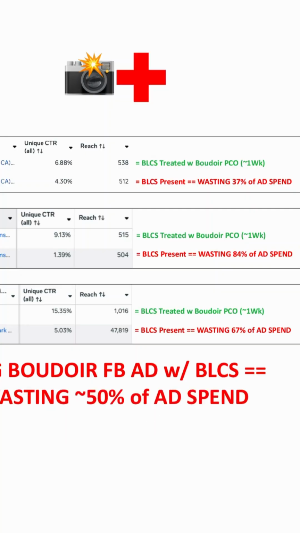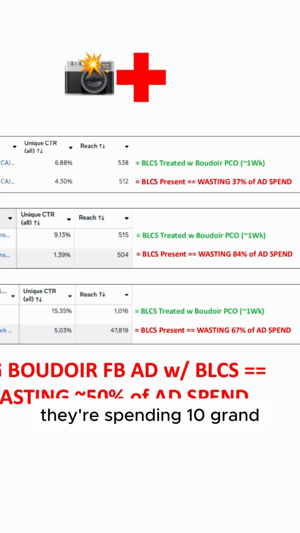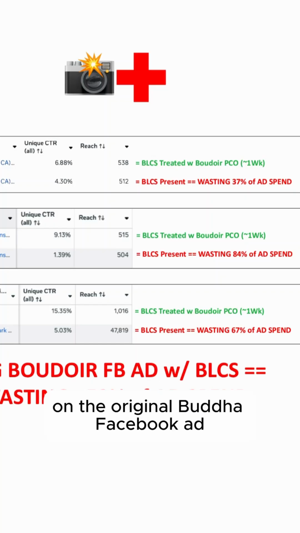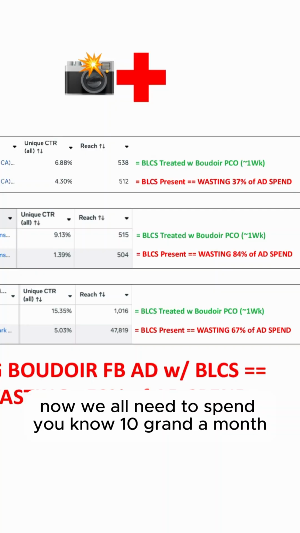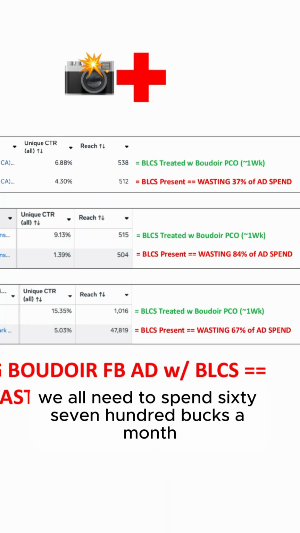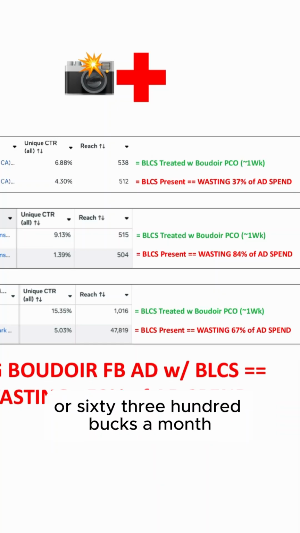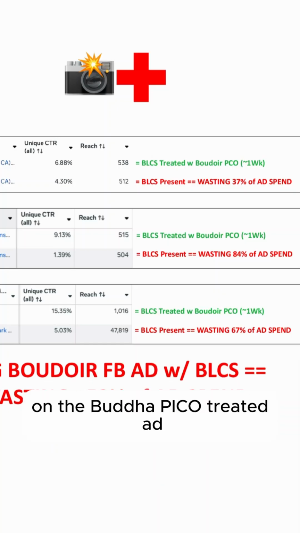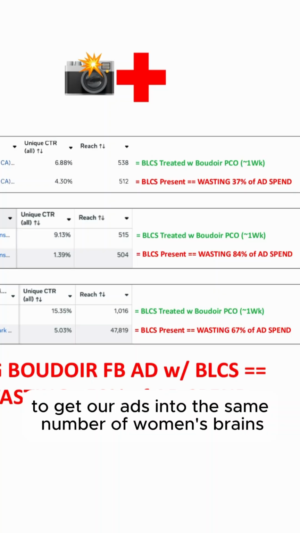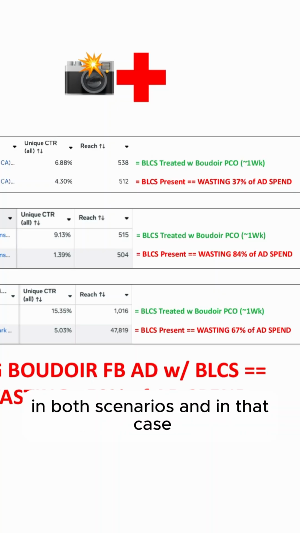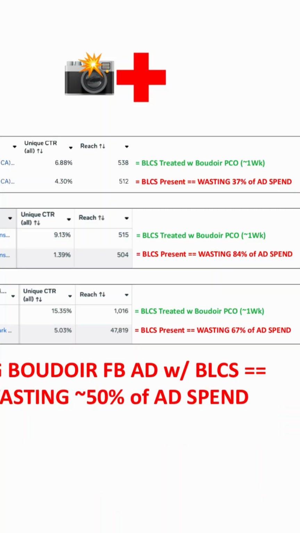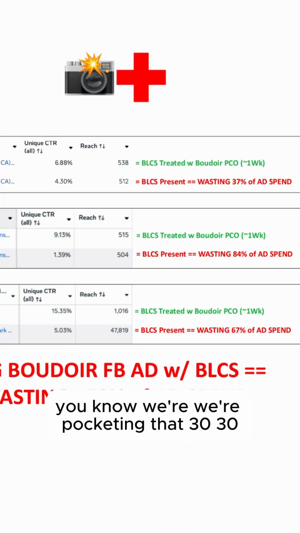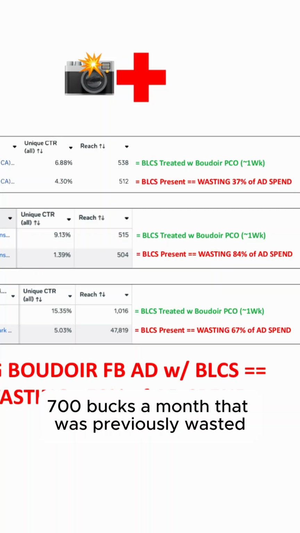So they're spending 10 grand a month on the original Boudoir Facebook ad. Now we only need to spend $6,300 a month on the Boudoir Pico treated ad to get our ads into the same number of women's brains in both scenarios. And in that case, we're pocketing the $3,700 a month that was previously wasted.